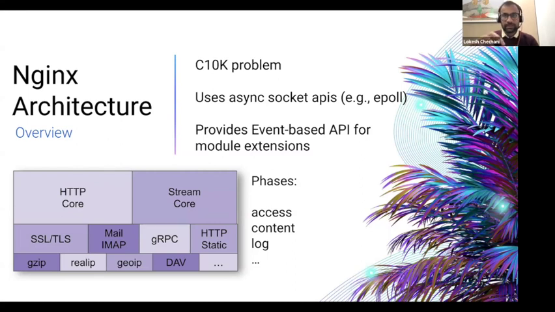What I mean is that in a single thread, different events, for example your access phase or content phase, are executed for multiple requests. That's why it is so performant that even with multiple concurrent users and small resources, it can execute them.